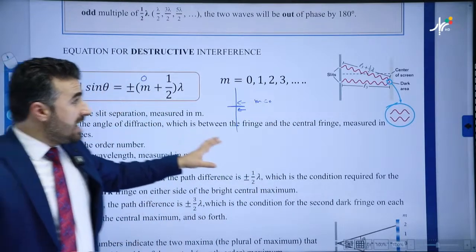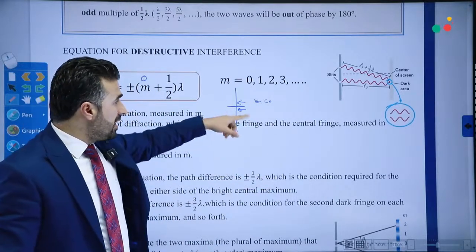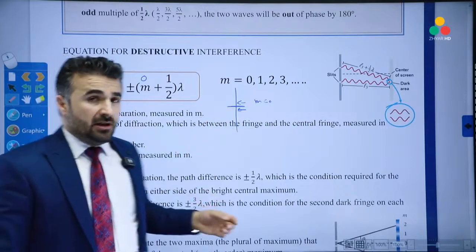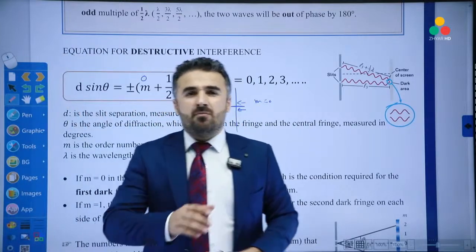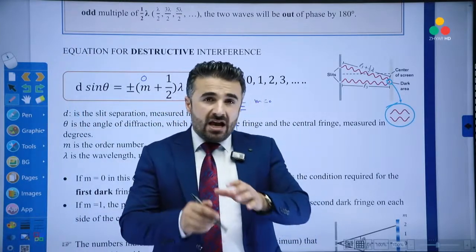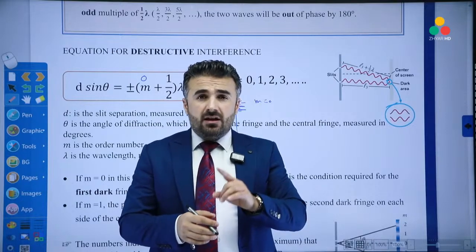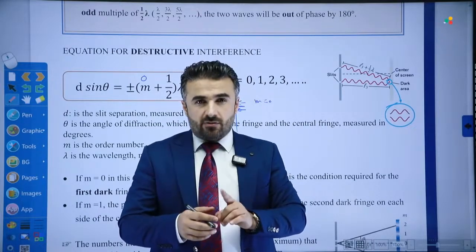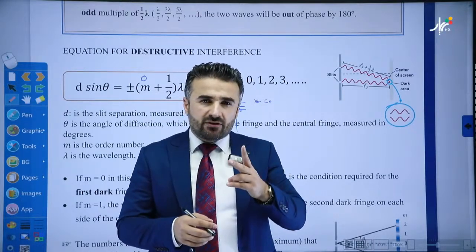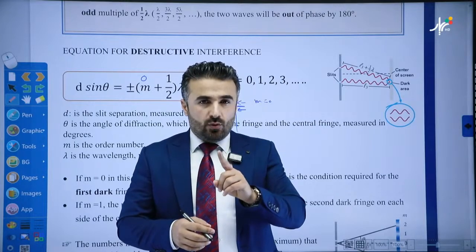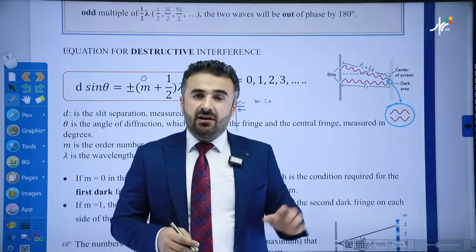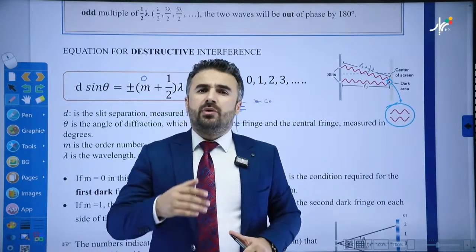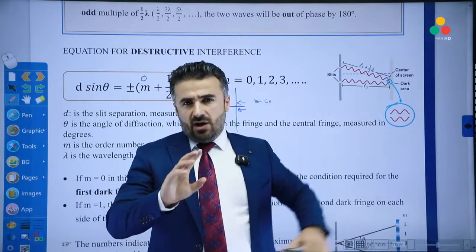That is why you really have to be careful when it comes to naming these and calculating m as the order number. When we have the first dark fringe, the value for m is going to be 0. When we have the second dark fringe, m will be 1. When we have the third dark fringe, m will be 2.